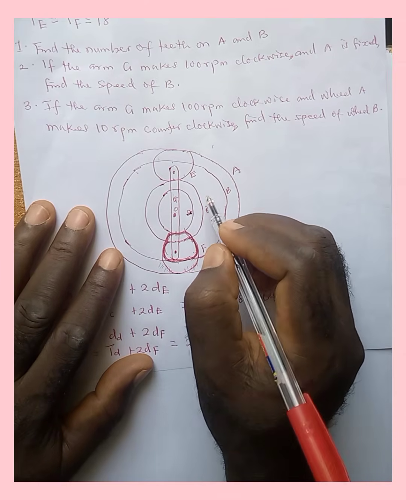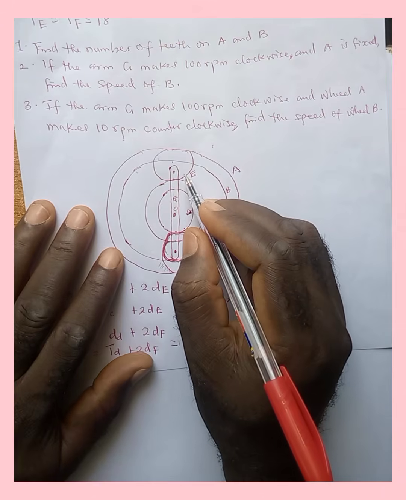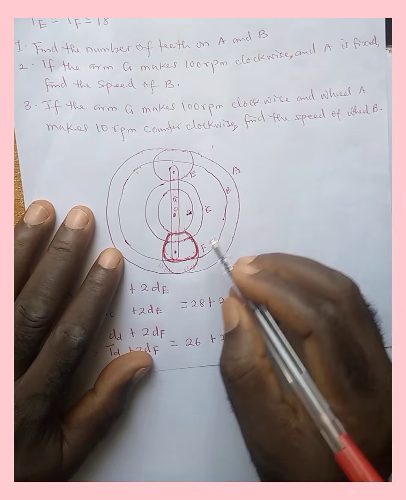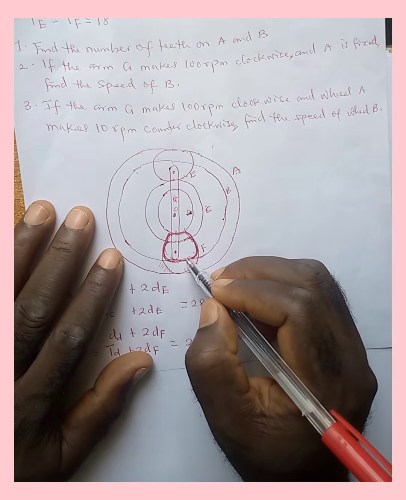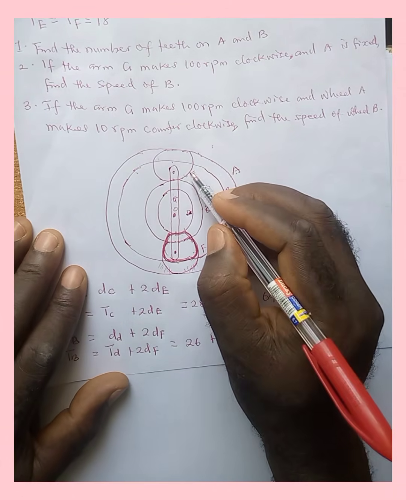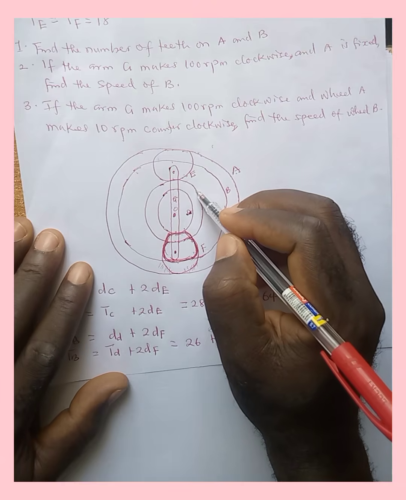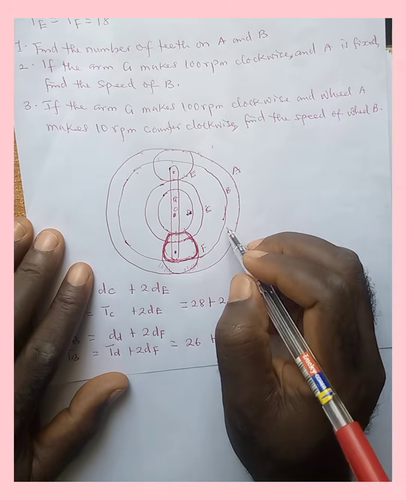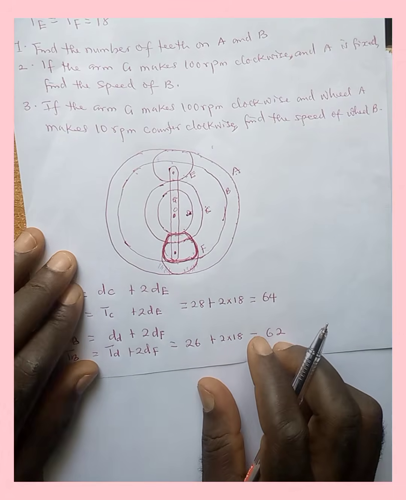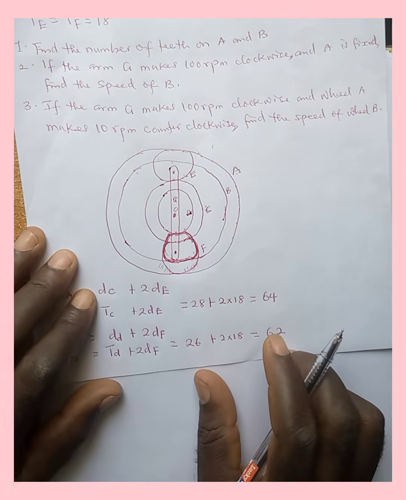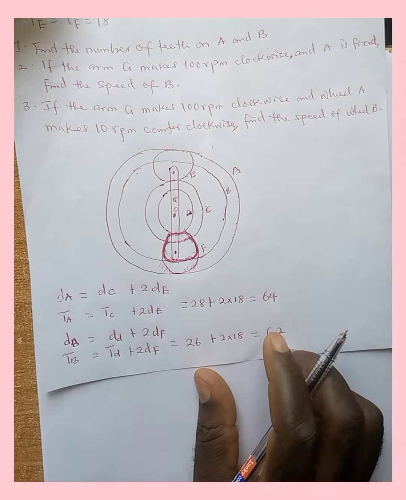That means the wheel C will drive E, E will drive A, then D will drive F, and F will drive B. And if it enters through A, A will drive E, E will drive C, C and D move together, then D will drive F, and F drives B. So in this analysis, I'm going to assume that the power enters through gear A. So you can go and try the other one on your own and see if they will give you the same result.